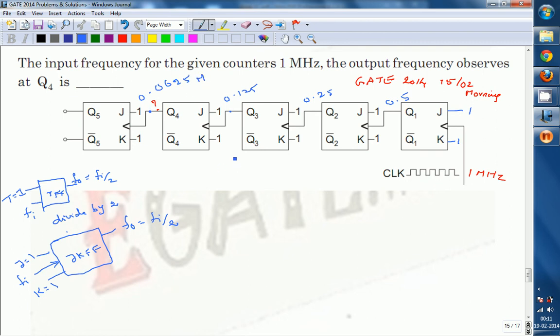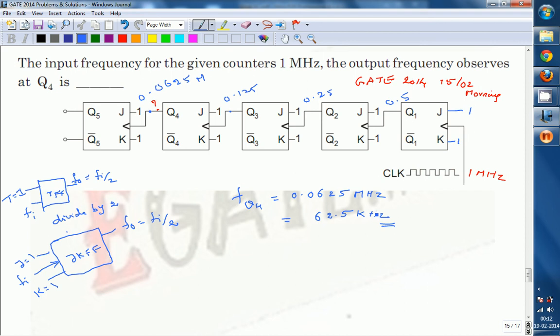So the frequency at Q4 is 0.0625 MHz, which is nothing but 62.5 kHz. This is the required answer.